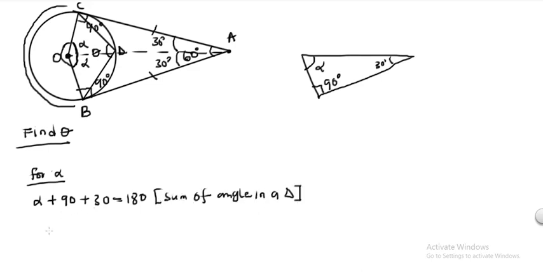So from here, alpha plus 90 plus 30 is 120. This is equal to 180. So alpha is equal to 180 minus 120, if I move 120 to the other side it becomes a minus, and 180 minus 120 is 60 degrees. So I have my alpha as 60 degrees.